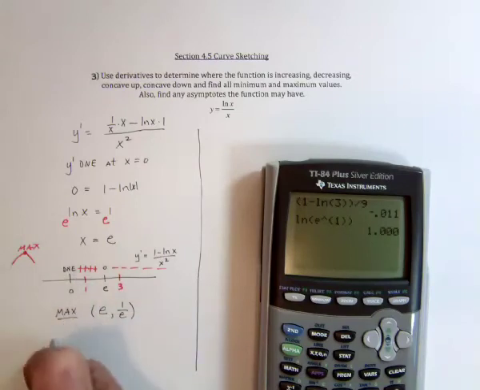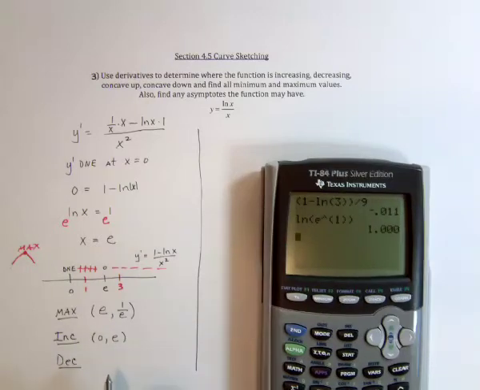In here, it's increasing. So that's going to be from 0, but don't include it, to e and don't include it. And then decreasing on the right-hand side, so from e to infinity.